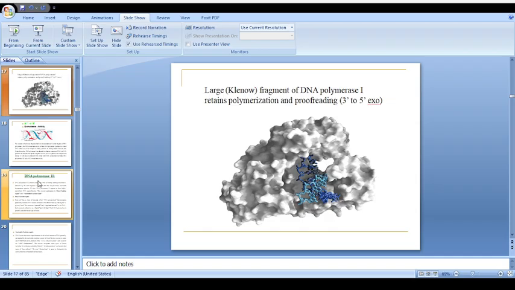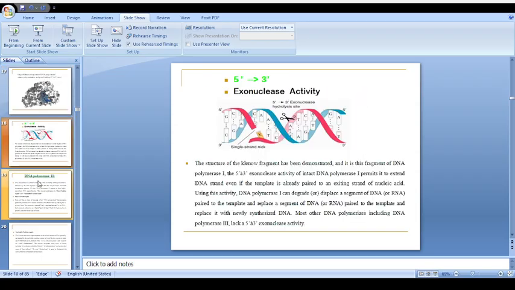This is the structure of the larger Klenow fragment of DNA polymerase 1 that has polymerization and proofreading function. The 5' to 3' exonuclease activity: the enzyme is found to contain the 5' to 3' exonuclease activity that permits it to extend the DNA strand even if the template strand is already paired.